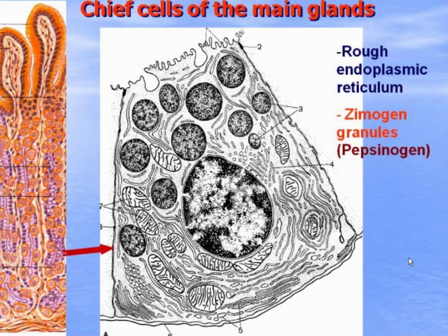There are several types of cells in proper glands. The first one is chief cells.